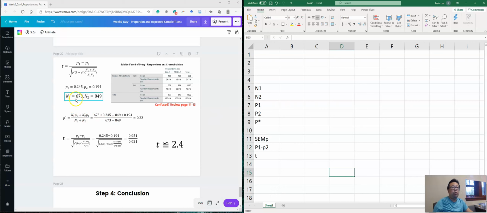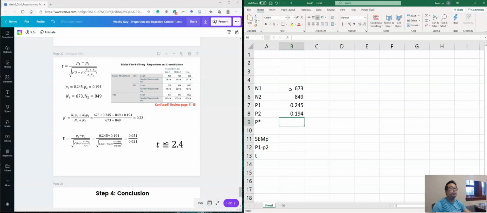So N1 is 673. You can simply type 673 in N1 and 849 in N2, 0.245 in P1, 0.194 in P2. So P star is what we need to calculate first.